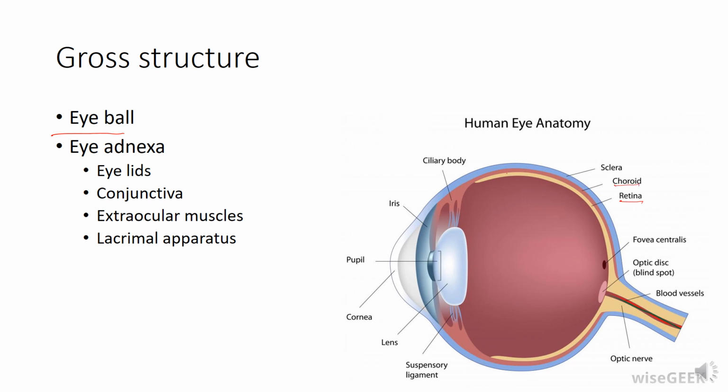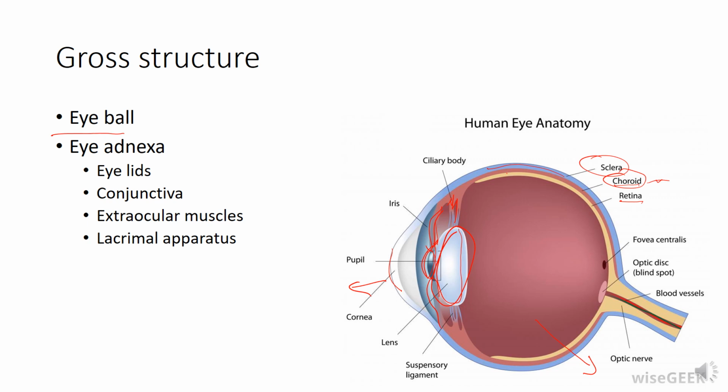The middle one is the vascular coat, the choroid, and the outer one is the fibrous coat, the sclera, and in the front, the transparent cornea. Interior to this is the vitreous body, and this is the lens, which is connected to the ciliary body. Anterior to the lens lie the edges of the iris, which make the gap known as the pupil.